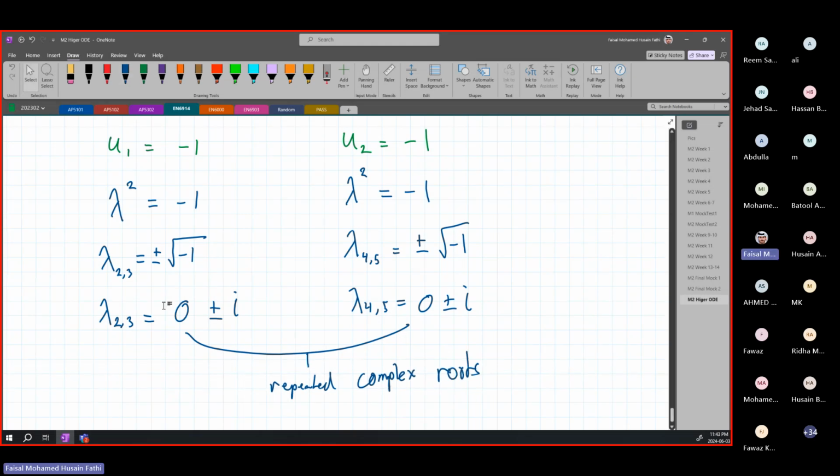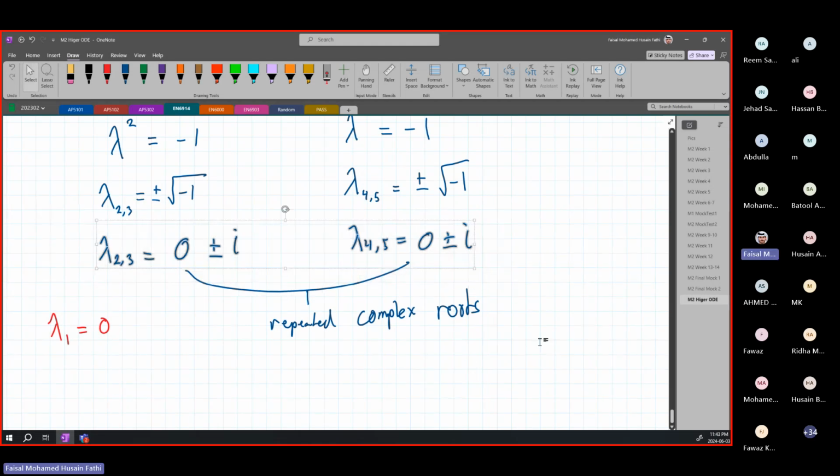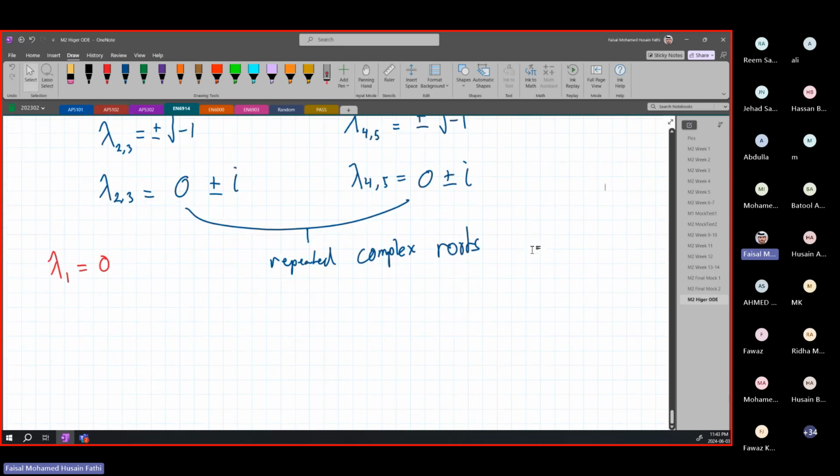We have the same exact complex number and it is repeated. And we have our lambda 1, which is just equal to 0, which is just a real case. Yes, this is case 4, where we have a repeated root.